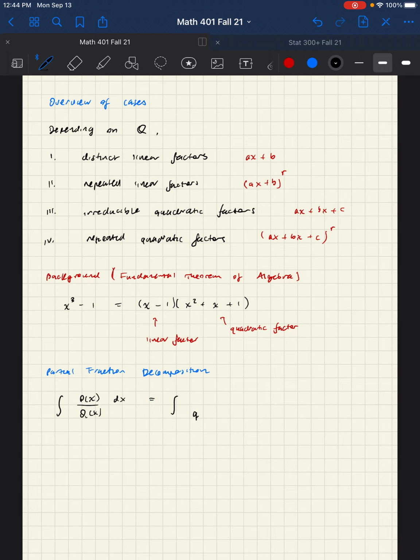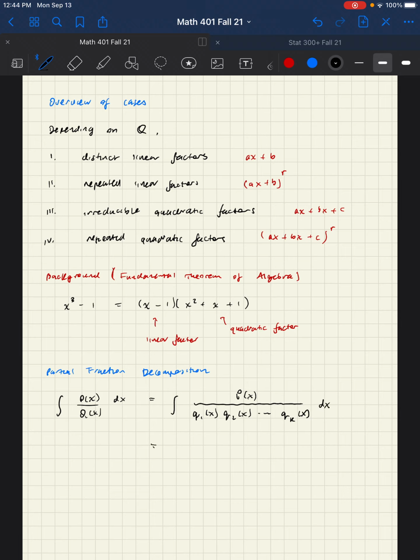So I'll just call them little q1 of x, little q2 of x, up to little qk of x. Some of those are going to be linear, some of those are going to be quadratic. What happens to p of x, we don't really care.